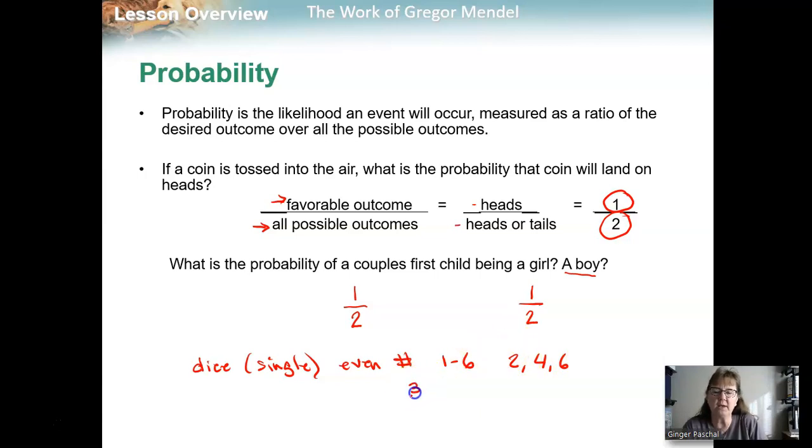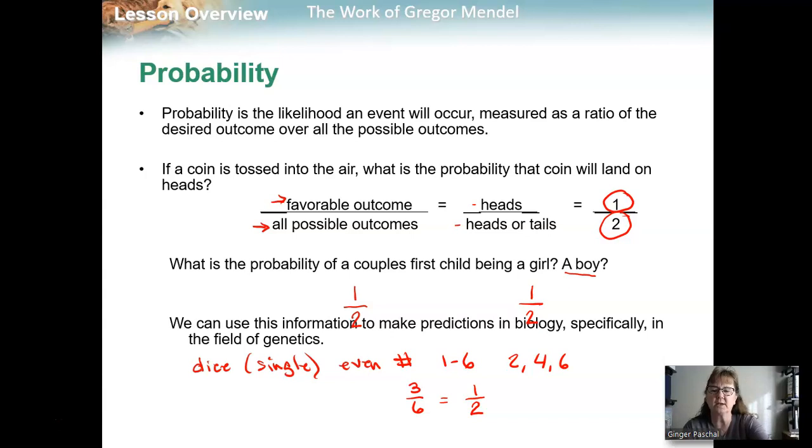So we have 3/6 possibilities of rolling an even number. When we take that number and reduce it, we again get 1/2. So we have a 1/2 chance of rolling a single die and getting an even number. So let's see how this applies to genetics.